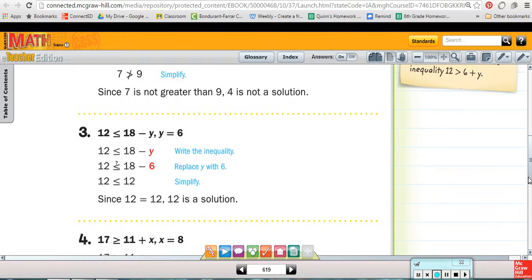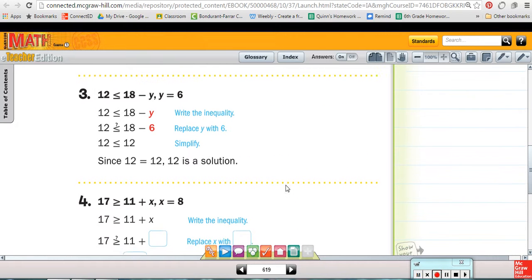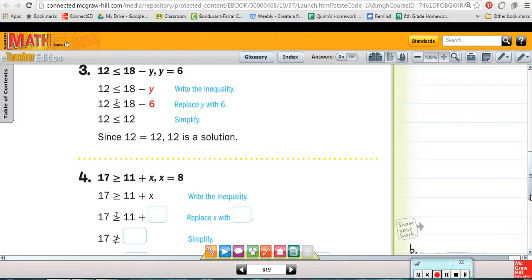Look at number 3. 12 is less than or equal to 18 minus y. If y is 6, well, if I substitute 6 into there, what's 18 minus 6? 12. Is 12 less than or equal to 12? Yes, it's equal. So we would say 12 is less than or equal to 12.